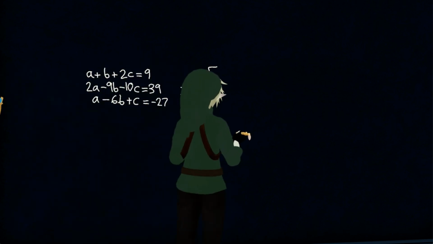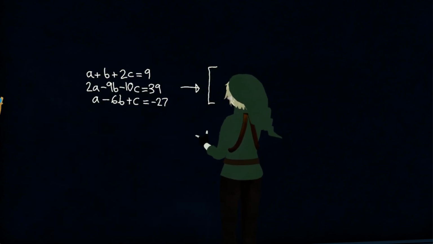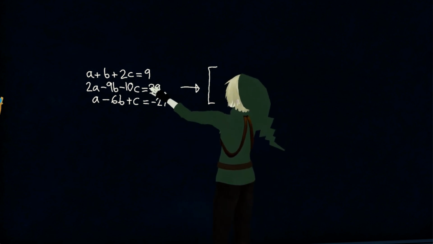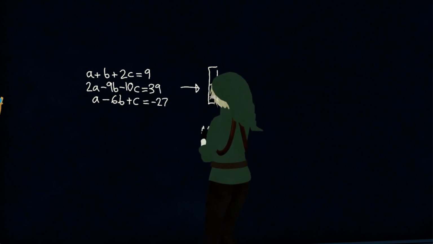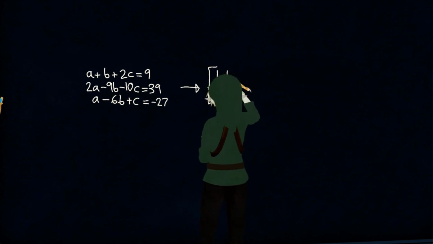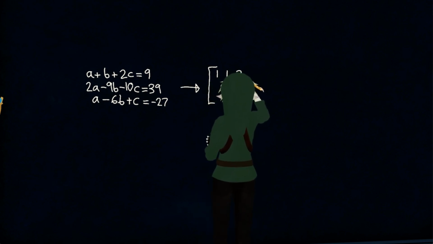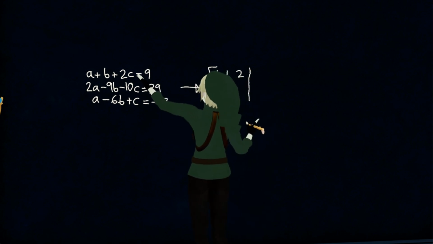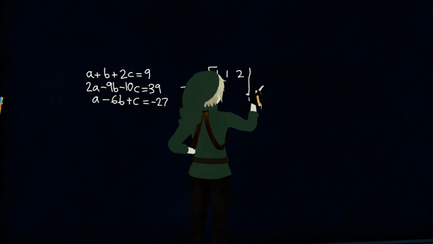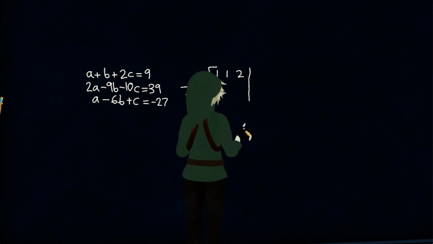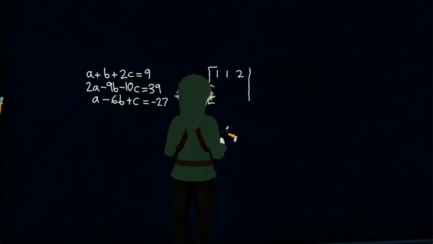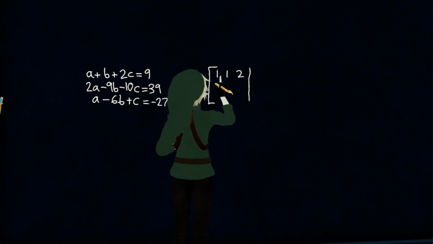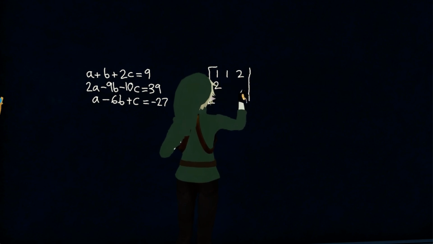To turn this into an augmented matrix, we'll first use the coefficient matrix. So, here we have a 1, we have another 1, we have 2. Okay, and I'm going to draw a line here. This line represents that equal sign here, right? So that's what this line represents. So we have 2, right? This whole matrix represents the coefficients. We have -9.